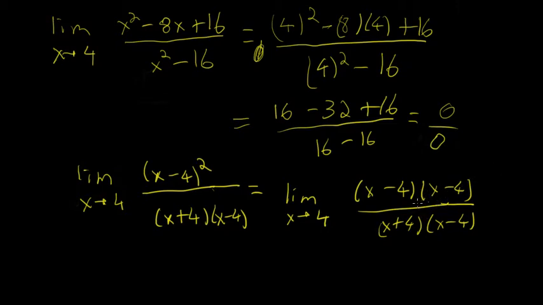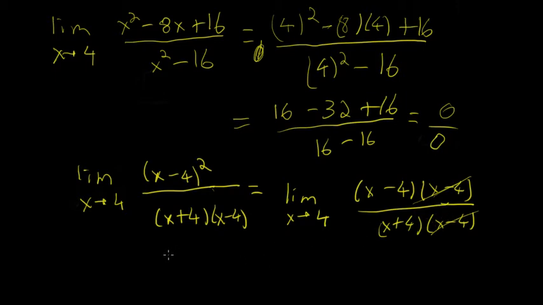And here we can cancel these x minus 4 terms, and we're not dividing by 0 because we're concerned with what's happening when x gets really close to 4, but not necessarily at 4 itself. Division by 0 would only happen if x equals 4.